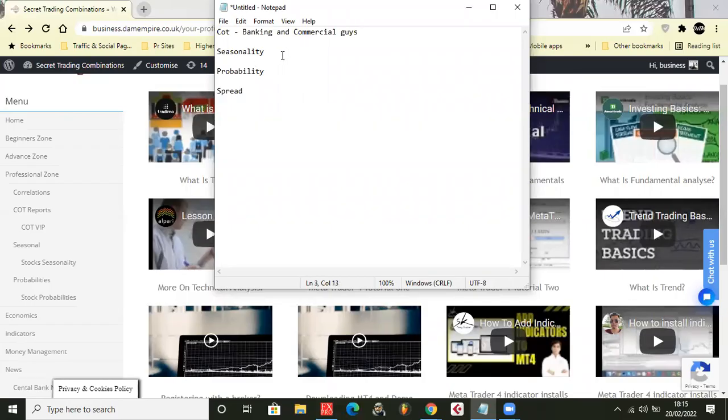The second one is the seasonality tool. And this is something that happens every time. Every single thing in this world has a season and everything has a cycle. So prices go up when it's the Ramadan period for people that are Muslim. Prices of cattle and goats and all of that stuff goes up. And prices of chicken and turkey go up when it's Christmas season. And after that period, it drops.